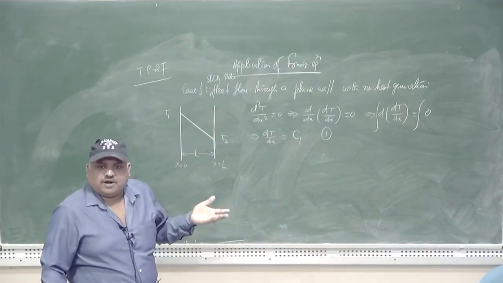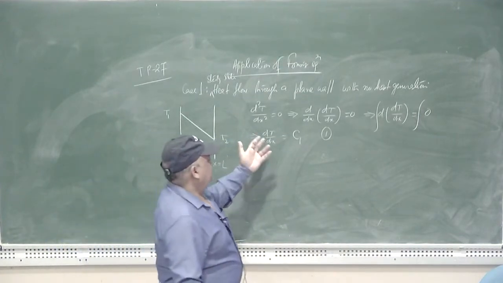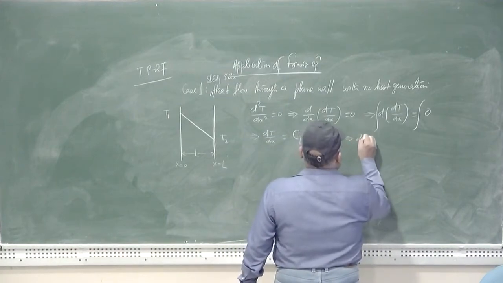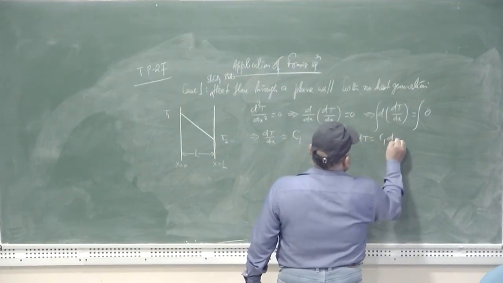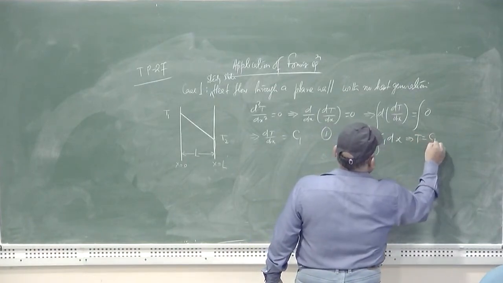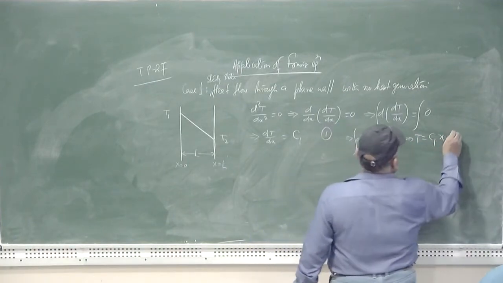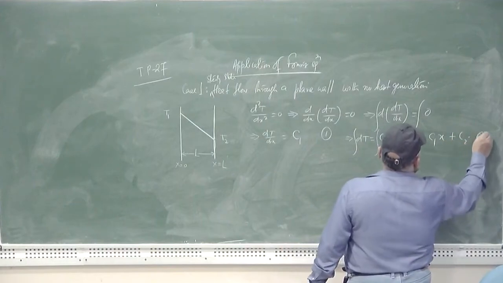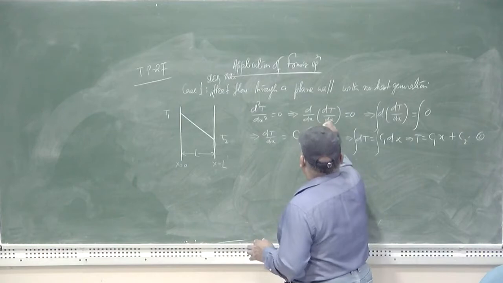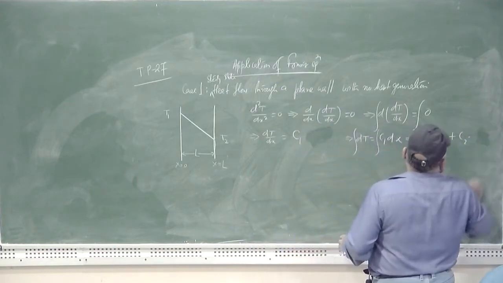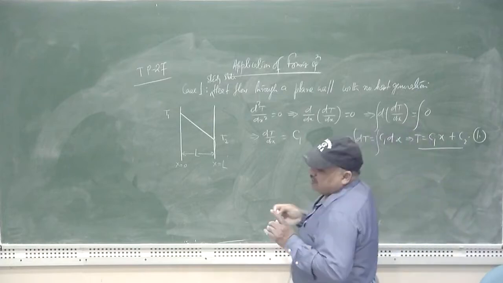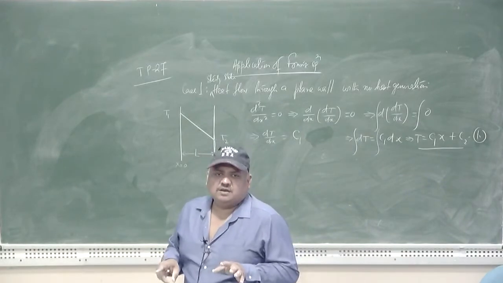Starting from equation number 1 itself, we can write dT is equal to C1 dx. When you integrate further, the second equation that will be generated is T is equal to C1x plus C2.